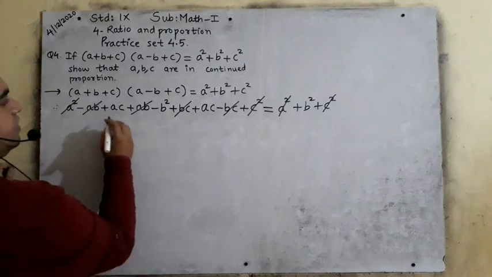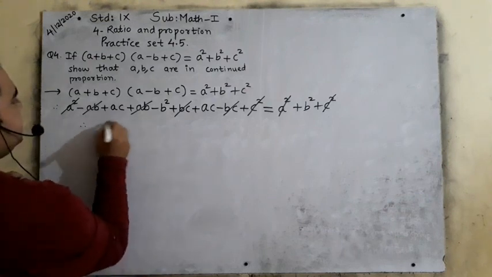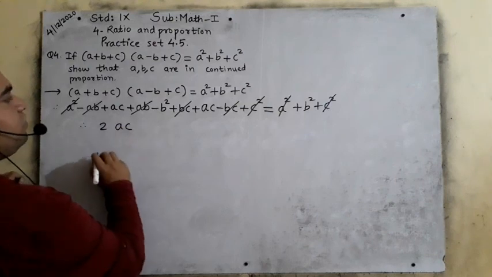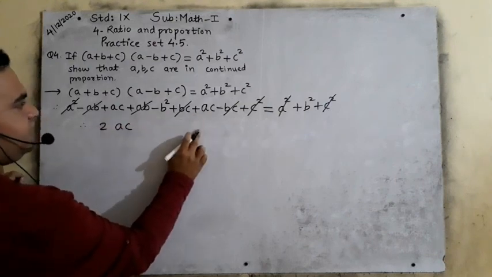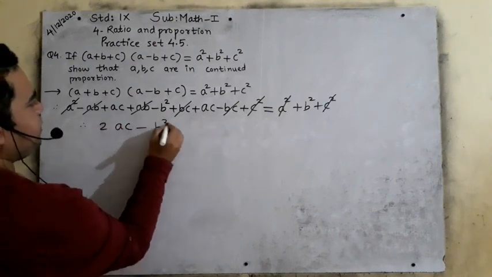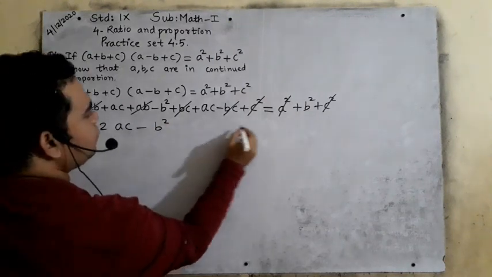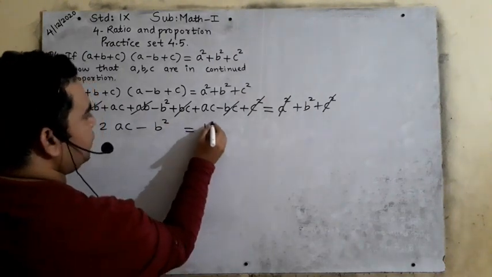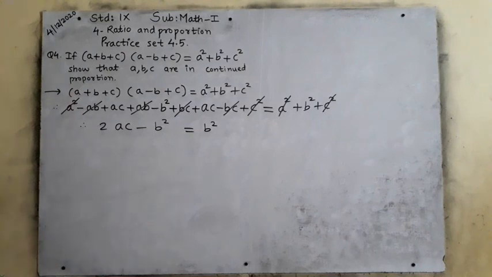Therefore it is 2AC, 1AC plus 1AC, 2AC minus B square is equal to B square. Now we will solve the remaining sum.